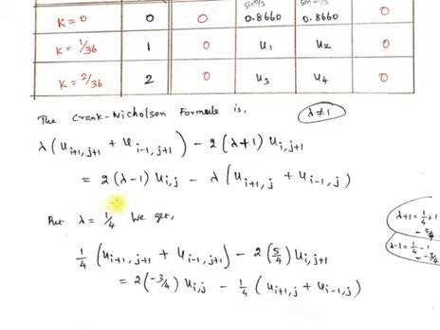Here put lambda equal to 1 by 4. Lambda plus 1 is 5 by 4, lambda minus 1 is minus 3 by 4. Here the calculation is done.